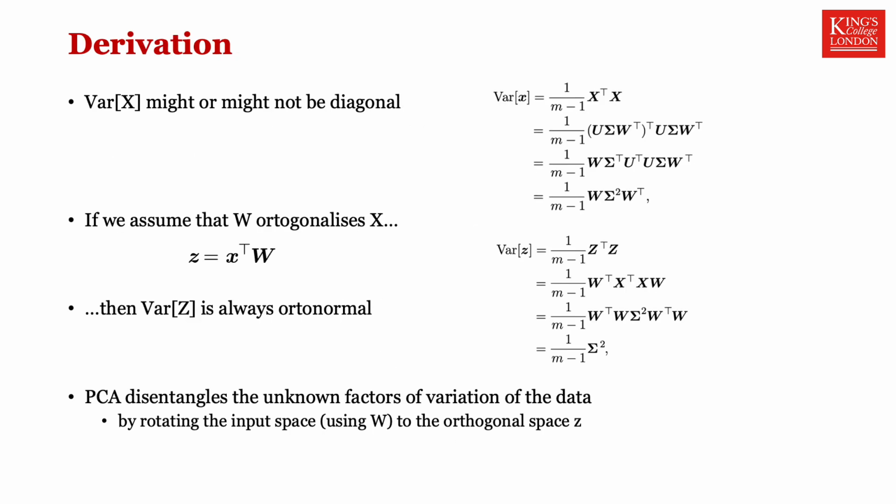We're not going to go through the full derivation, but you have it here on the screen. And the only thing that this derivation is showing is that there is a direct relationship between the variance of x and the variance of z, which is up to that specific transformation matrix W that you see there, which is the matrix that orthonormalizes the data and projects it to the lower dimensional space, or the orthonormal space.